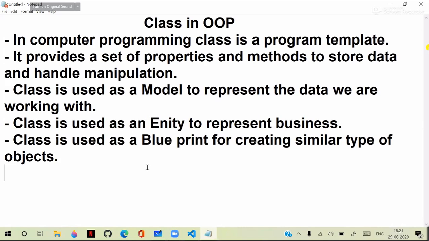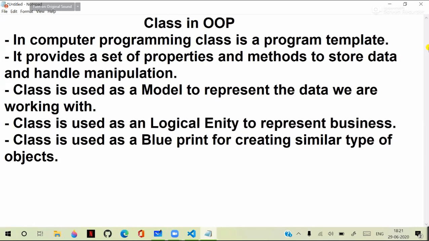Many people call this a logical entity. Am I right? Logical entity. You remember this word, right? I told you about this logical entity in the concept of contract.